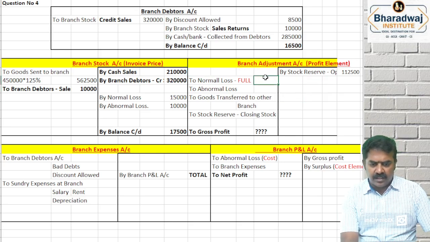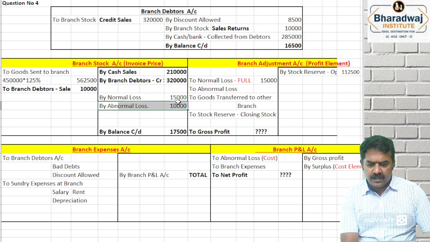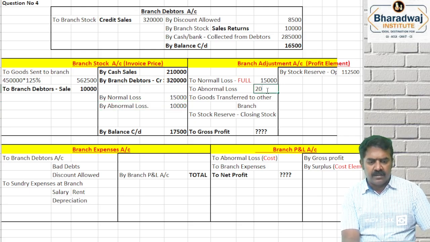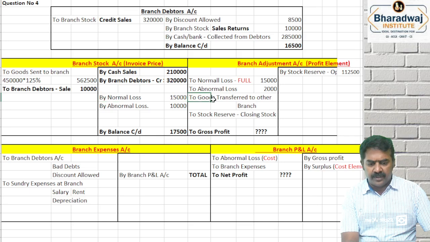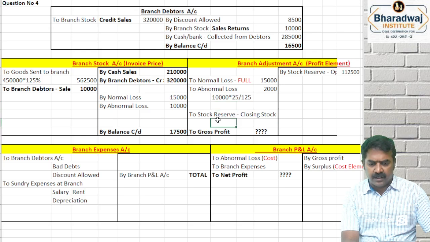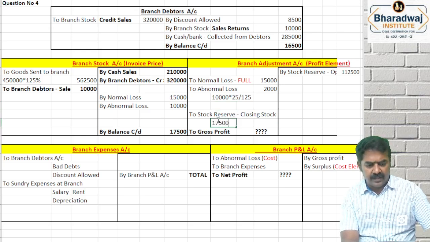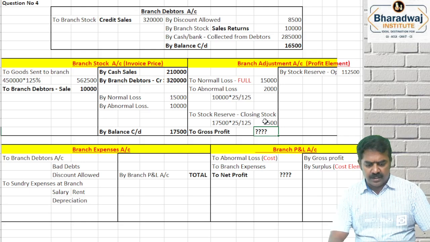Goods returned, none. Normal loss will be fully charged. Abnormal loss, the profit element 10,000 into 25 by 125, 2,000 will come. On the closing stock, 17,500 into 25 by 125, how much? 3,500, the balancing figure.